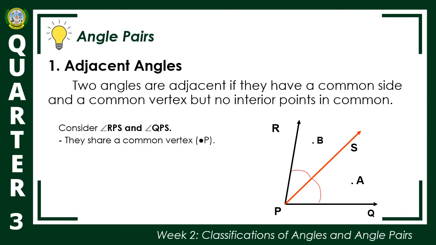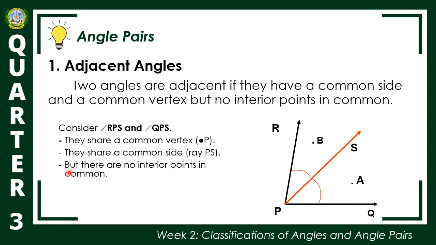Notice that they share a common vertex, which is point P. So, parehas po sila ng vertex. Kita rin naman po sa names nila. Parehas P yung gitna. They share a common side and that is ray PS. Okay, so parehas po na side nila yung ray PS. But there are no interior points in common.